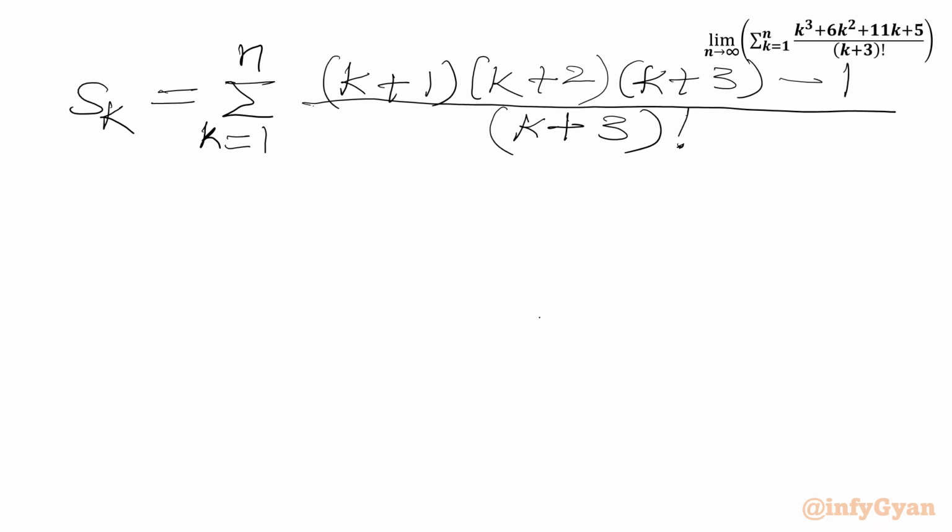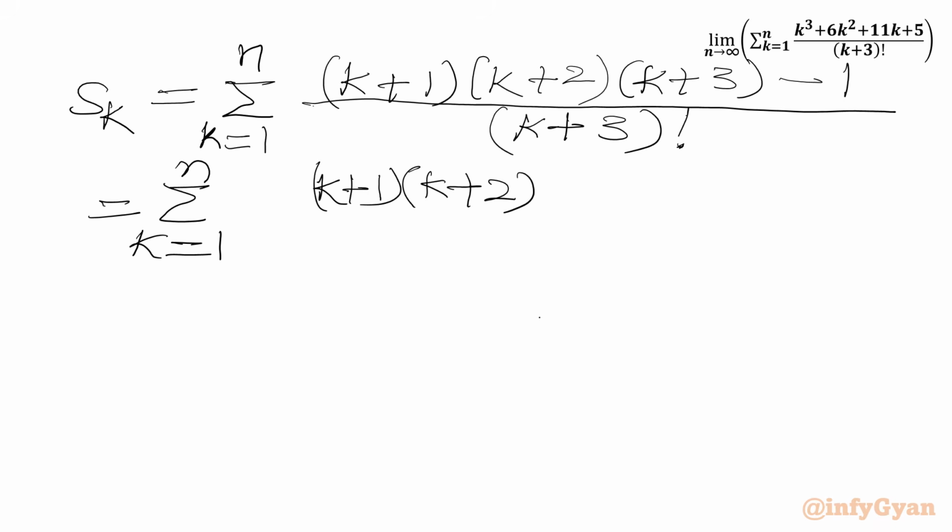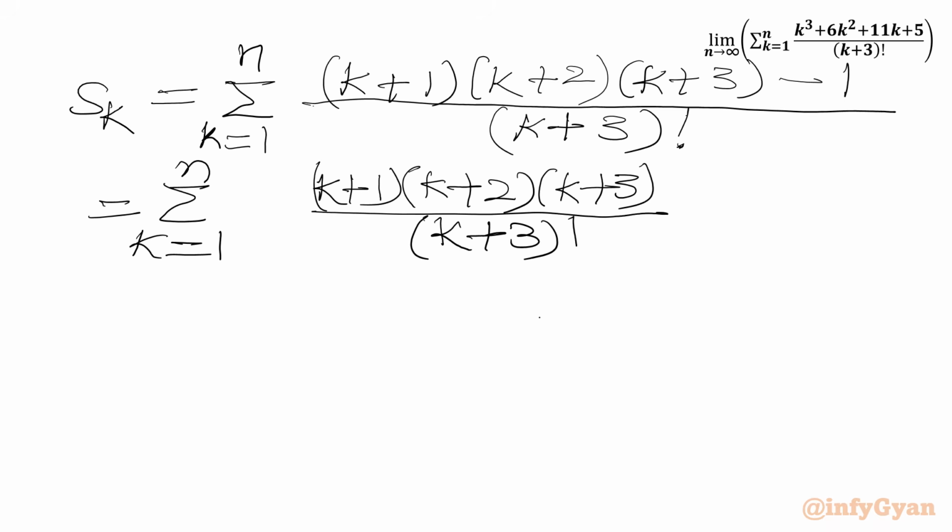Now we will split the numerator with respect to the denominator. So we can write equal to sigma k equal to 1 to n. Then we will write k plus 1 times k plus 2 times k plus 3 over k plus 3 factorial, minus 1 over k plus 3 factorial.